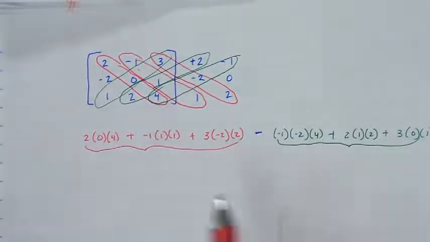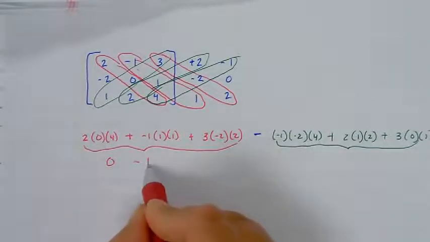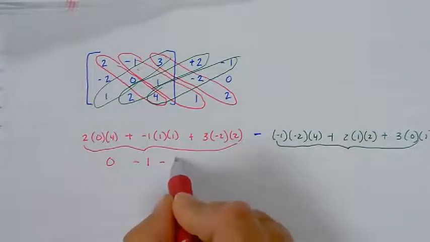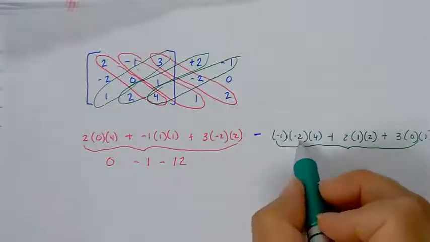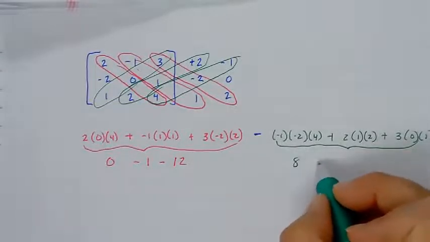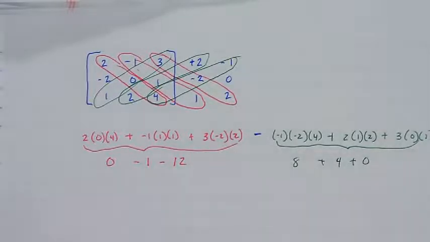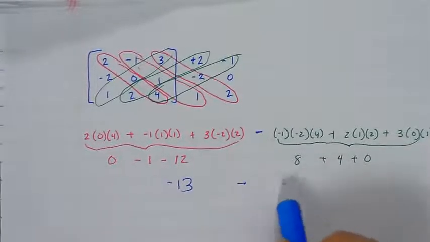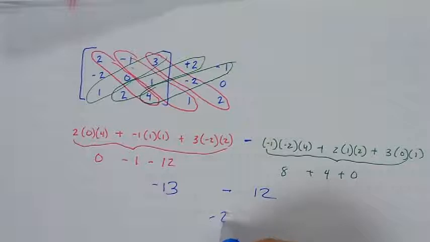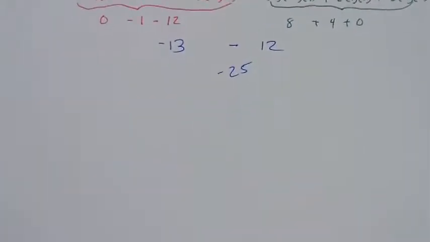So here I get 0 minus 1 minus 12. And over here I have 2 times 4, which is 8, plus 4, plus 0. So this is -13. Subtract 12, which is -25. So -25 would be the determinant of that 3 by 3.